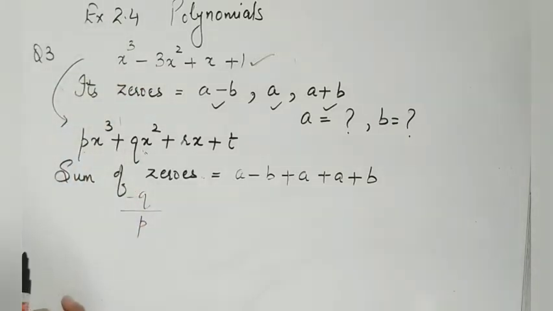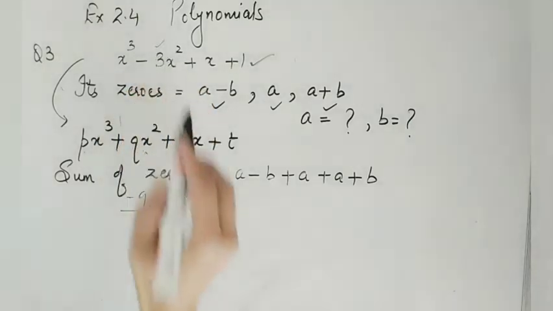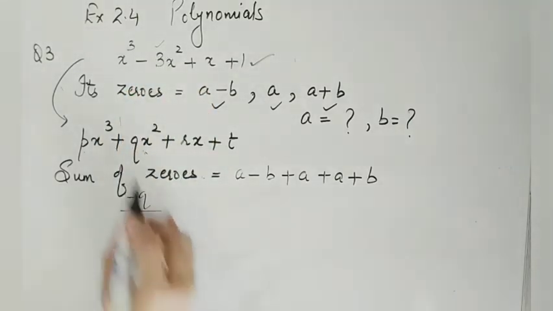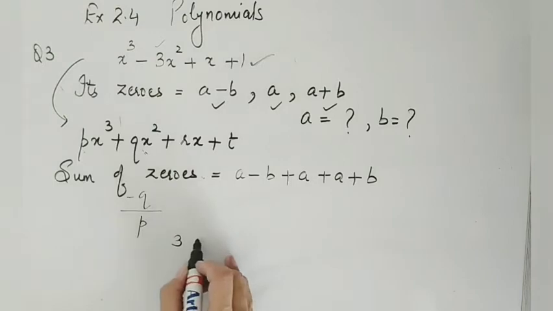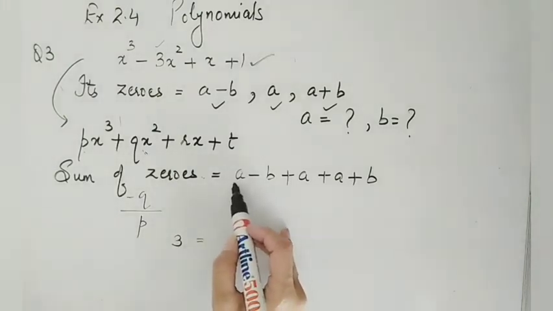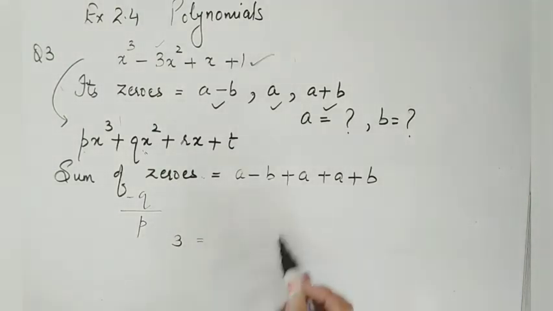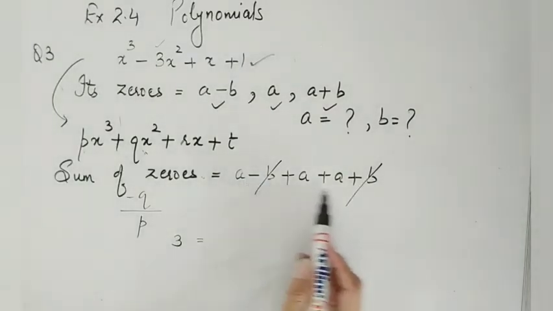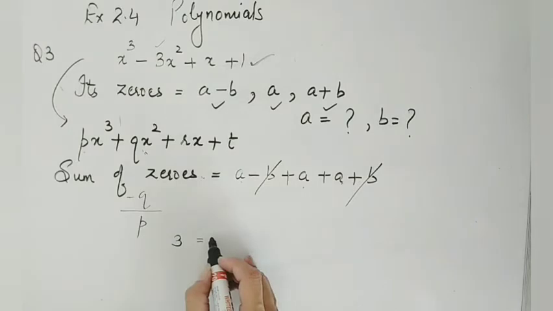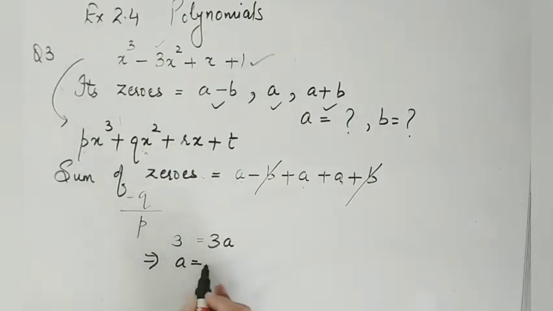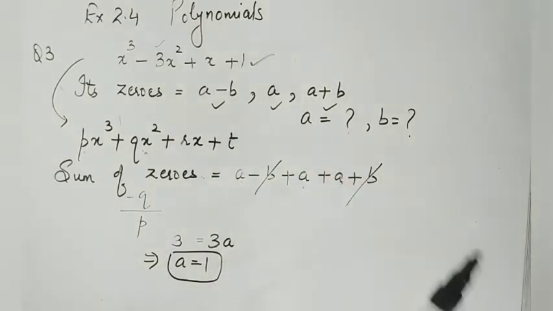Over here it would be 3. P is 1. So 3 by 1 would be just 3. When you look for their sum, b and b cancel. So a added 3 times would be thrice a. So the value of a comes out to be 1. Is it clear? So a is found to be 1.